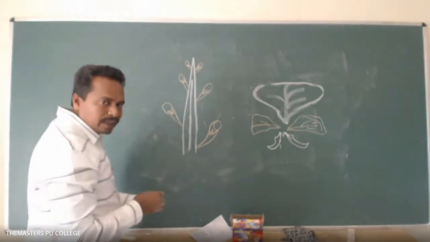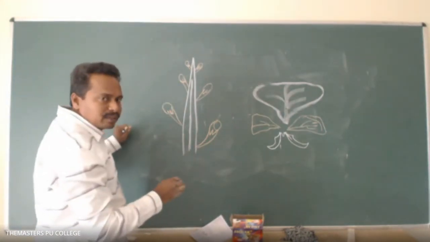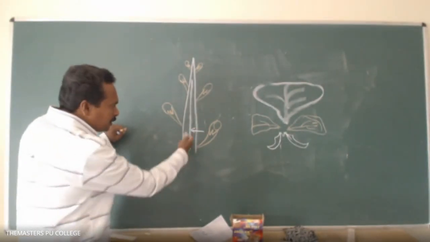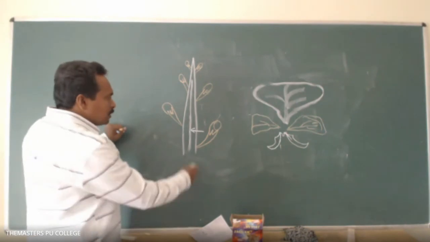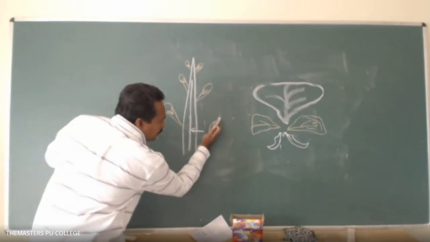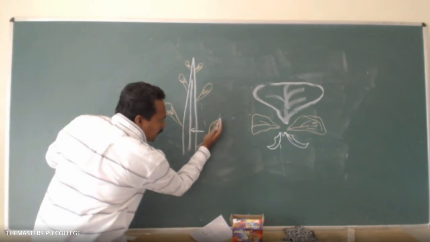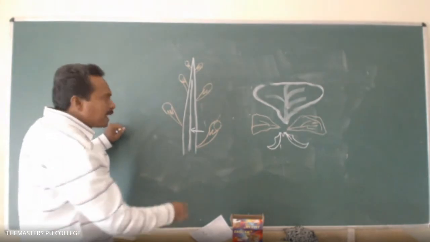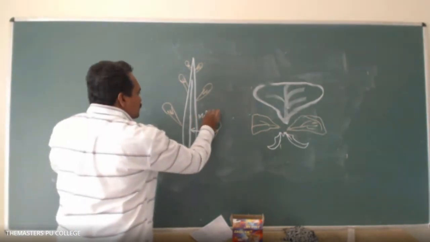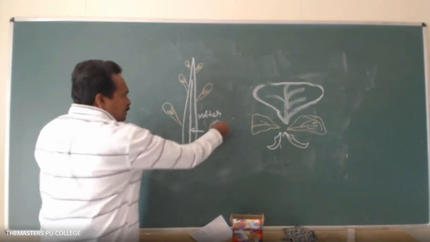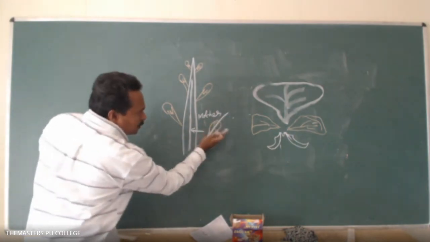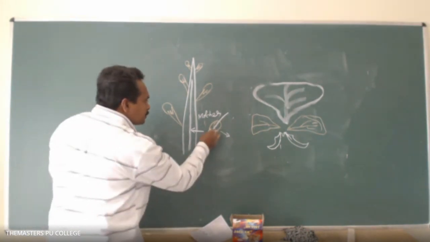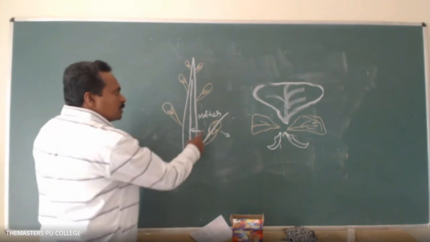Younger ones are present towards the apex. So this is a racemose inflorescence. The side of the flower towards the inflorescence axis is called the mother axis.